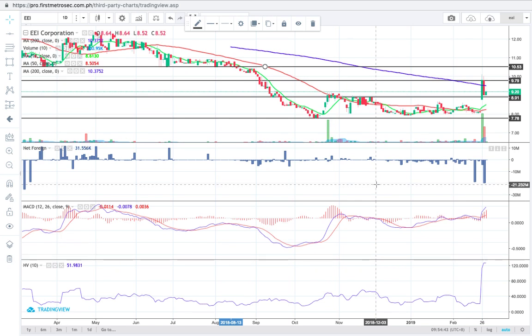So if EEI decides to move in the southward direction, then watch out for 8.90 because that's a precursor to the next support level at 7.80. Okay, so monitor that level.